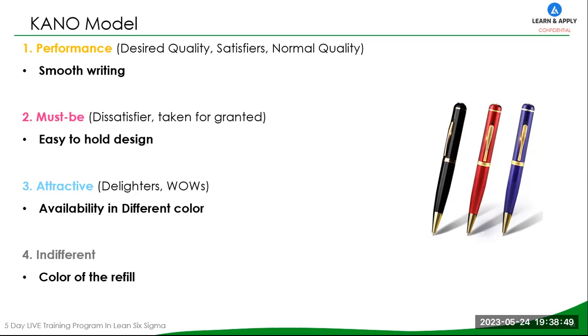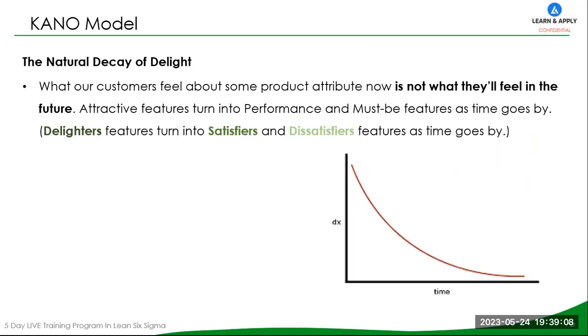And we must focus more on how we can improve the performance, how we can reduce the must-be, and how we can provide some attractive features so that the customer gets delighted. This is specifically more important when we focus on projects related to customer satisfaction, right?